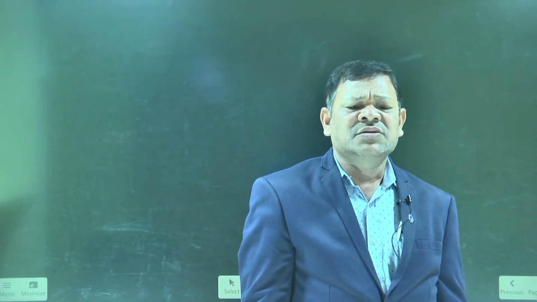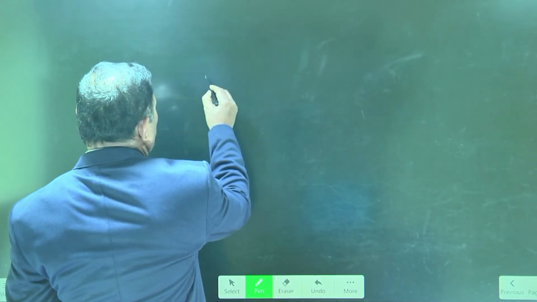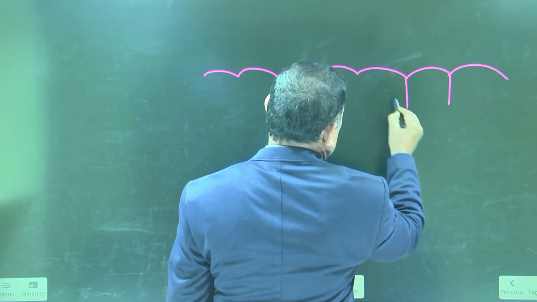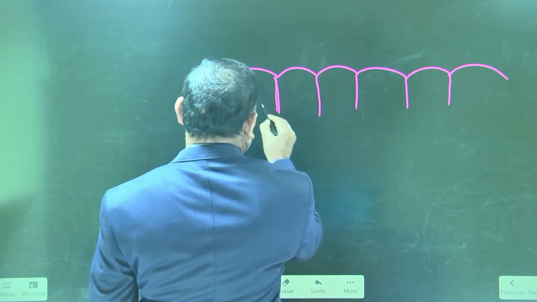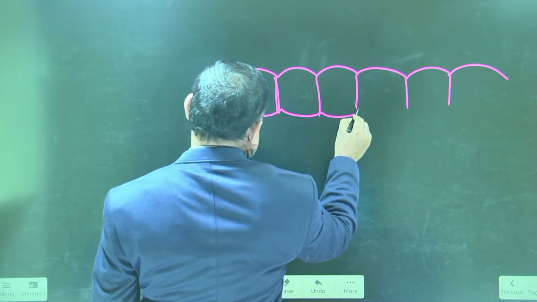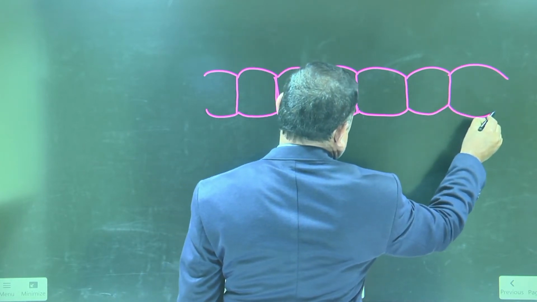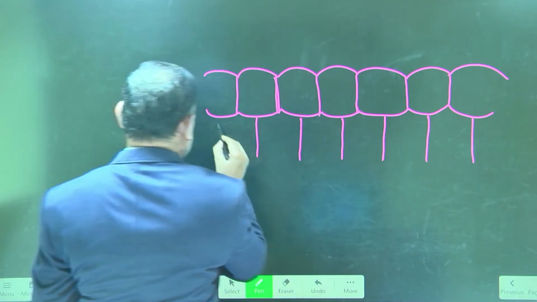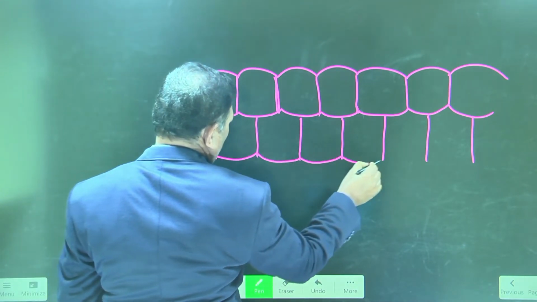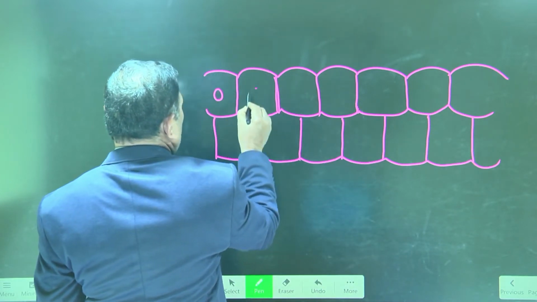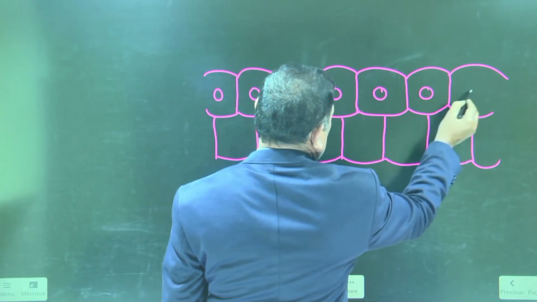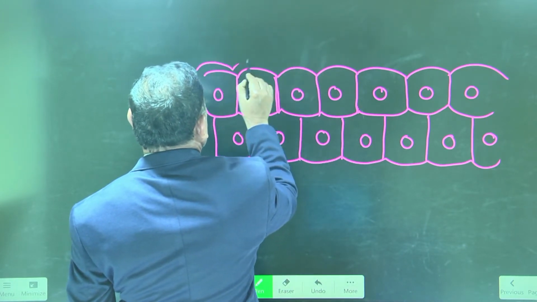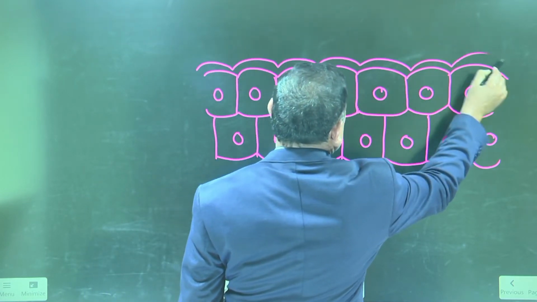Next. Cell is the fundamental unit, the basic unit of life, the structural and functional unit of life. If you see the cell, this is the plant cell. What is this called?